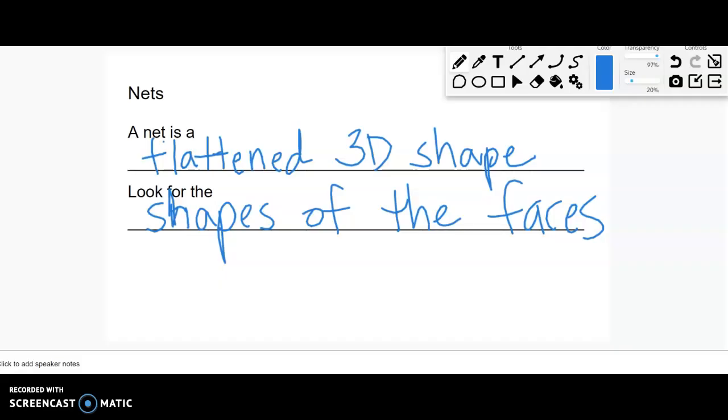Or if I think about a triangular pyramid, it's going to be a triangle on the bottom, with triangles folded up, so I'll just have 4 triangles that make up a triangular pyramid. Now I do have to make sure they're in the right spots so that it actually works, but one good clue is to think about what shapes I would see on the faces, and how I can put them together to get the 3D shape.